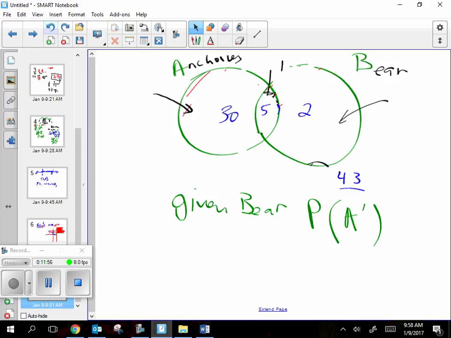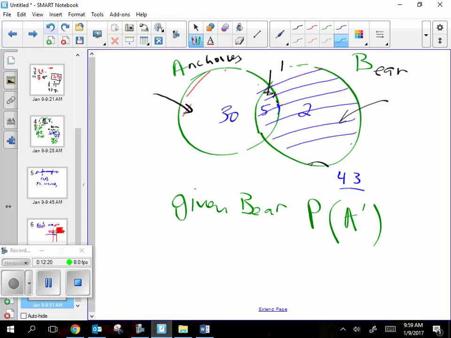That changes what it's out of because there aren't 80 people anymore. As soon as I said given bear, that means that bear is for sure in, and we're only asking people who like bear. That means these are the only ones we can ask because they're the only ones who like bear. So there's 7 that we can draw from.